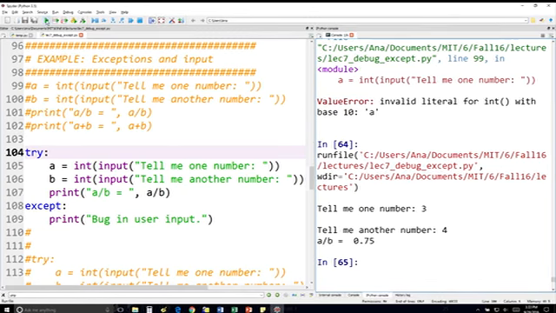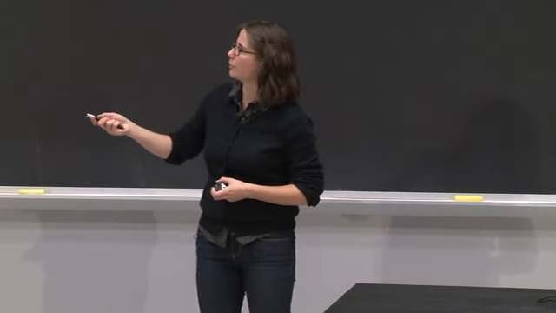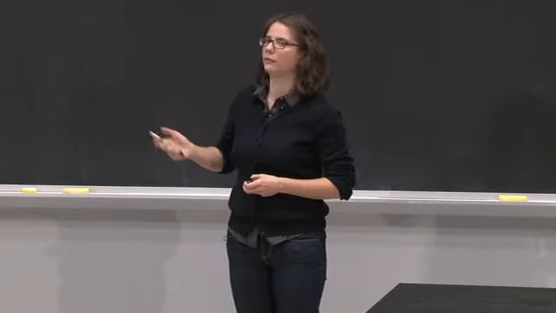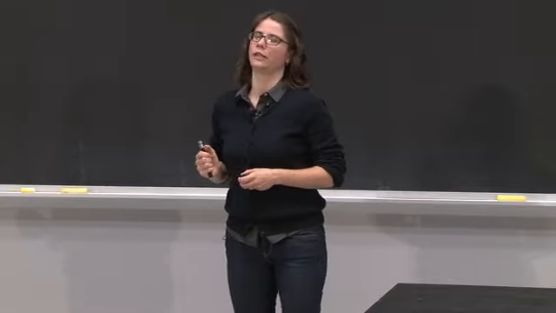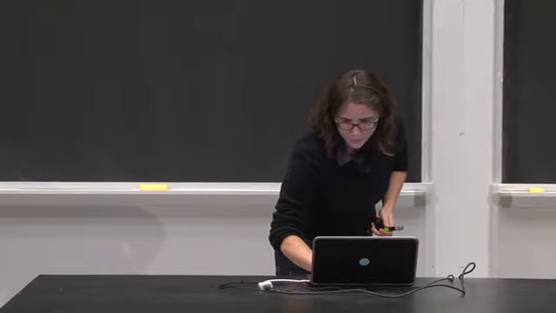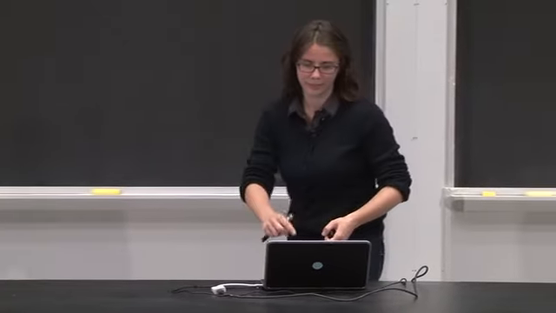But if I'm being a cheeky user and I say 3, automatically this would have raised a value error in the previous version of the program. But in this version of the program, the programmer handled the exception or caught the exception and printed out this nicer looking message. So bug in user input is nicer than this whole lot here, right? A lot easier to read.